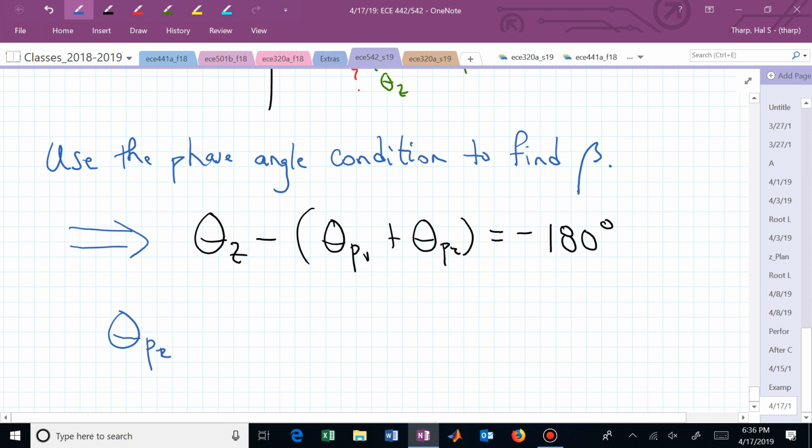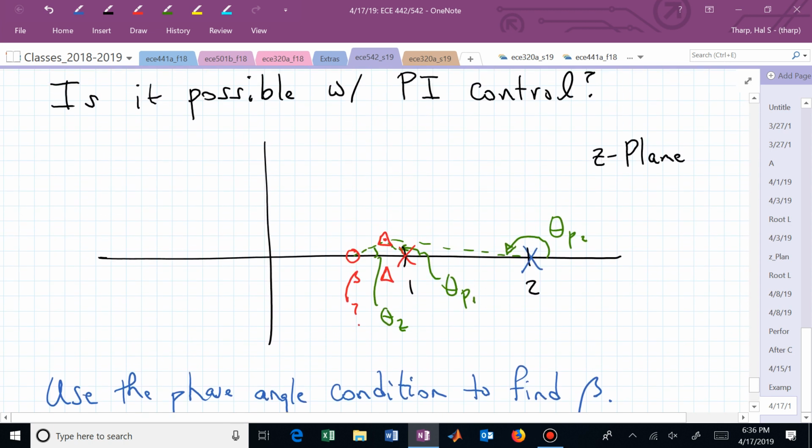What's theta P sub 2? I always like to calculate the acute angle and take that away from 180 degrees. My acute angle has a vertical change of 0.1, and what's the horizontal distance from that triangle to the pole at 2? 1.1.